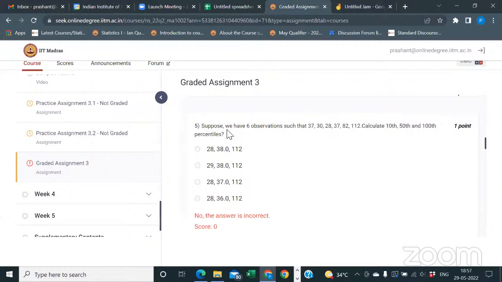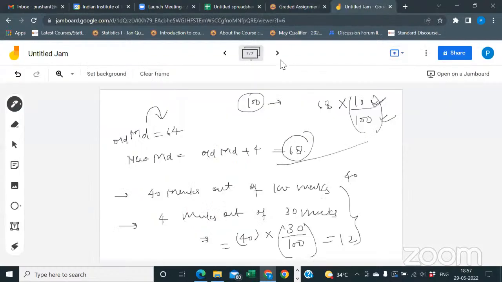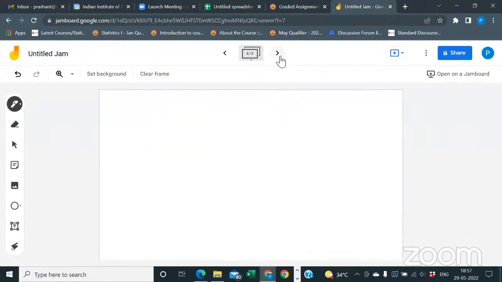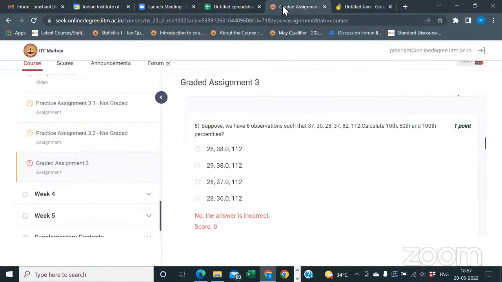One second. Can you tell me your observations? Sir, actually, I chose option 3 because my 10th percentile was... Actually, for everyone, observations are different. Yes, in your screenshot, the options are also different.